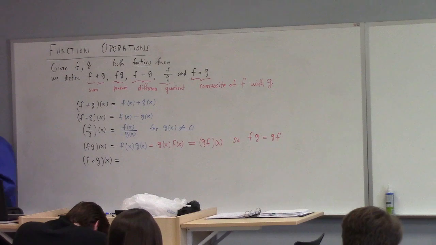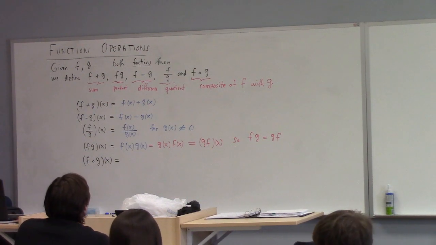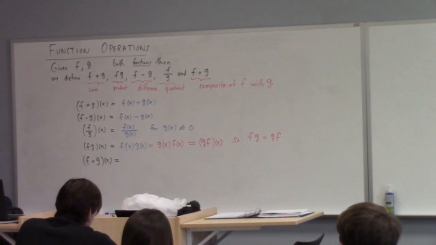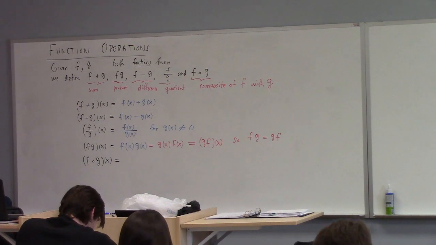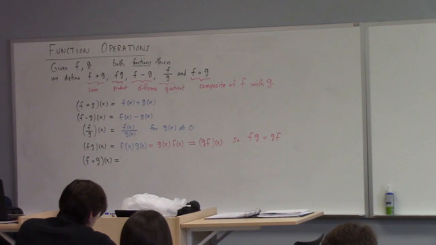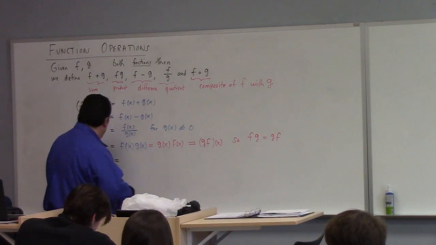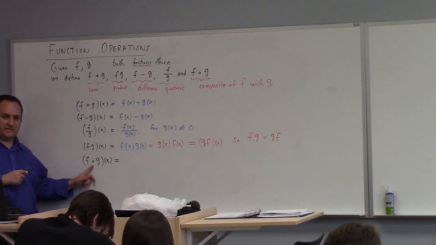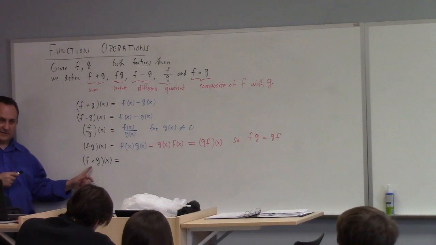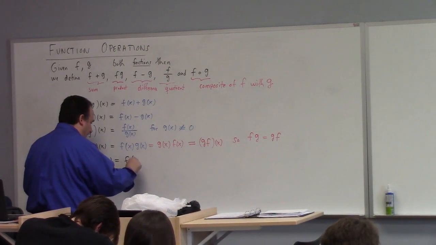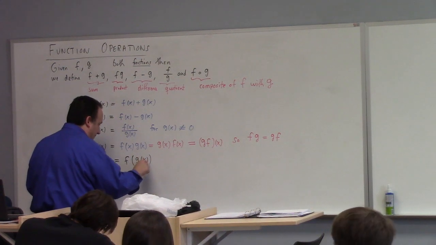We can multiply functions. Multiplication of functions commutes. It doesn't matter f of x times g of x or g of x times f of x. It's the same thing. That's not the case for the last thing here. This composition is different. What this circle denotes is composite. F composed with g of x is equal to f of g of x.